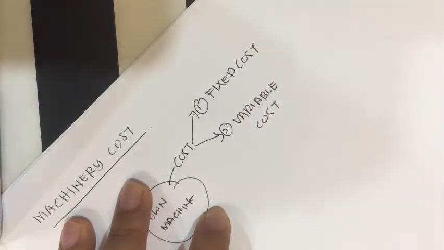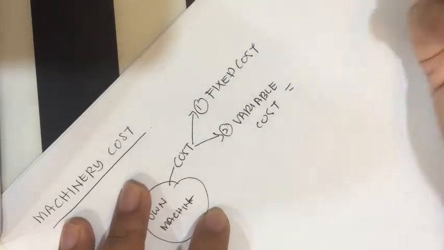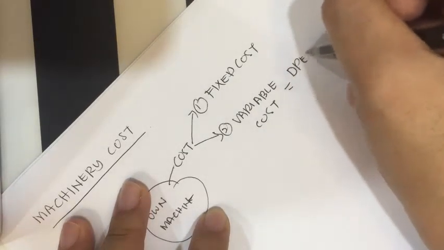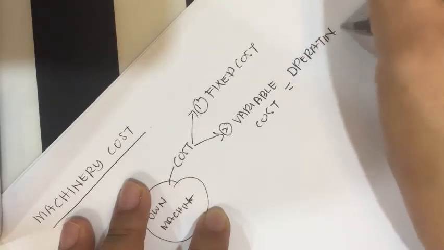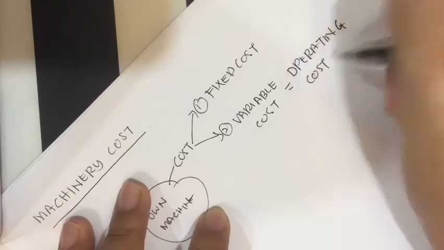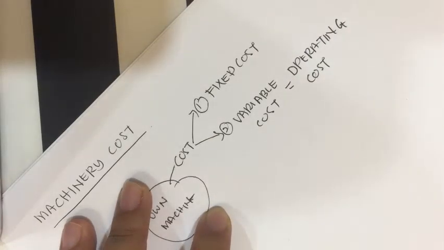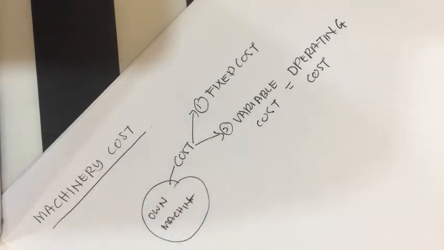Variable cost is an operating cost, and it varies directly with the amount of machine use. When you use the machine at its maximum capacity, it's going to give you a very different cost compared to using it for only 2 hours per day and so on.